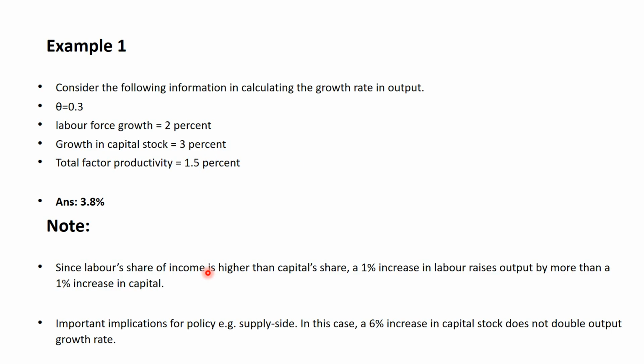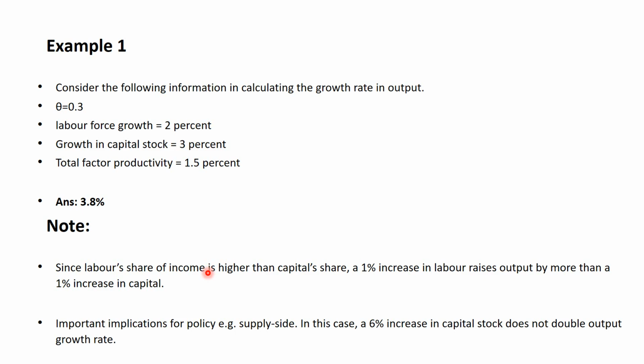All right, so to try and understand a little bit better how this works, we are going to go through a worked example. So I'm just going to copy these down on my page. You can start looking at them there. We've got theta is equal to 0.3. Labor force growth, which is change in N over N, is equal to 2. Growth in capital stock, change in K over K, is equal to 3.